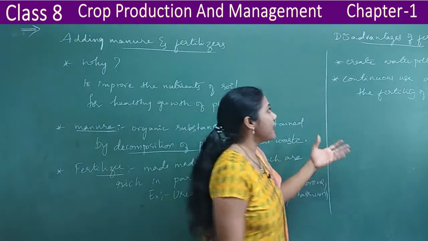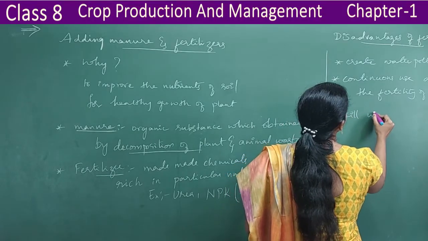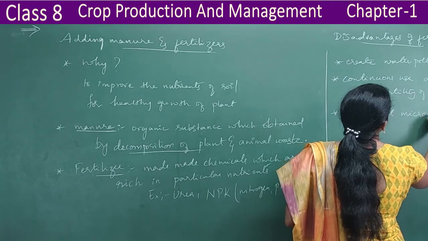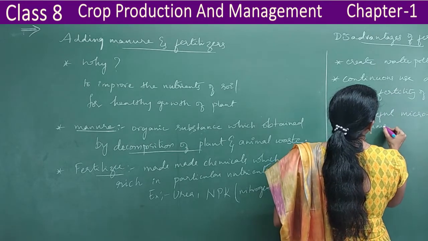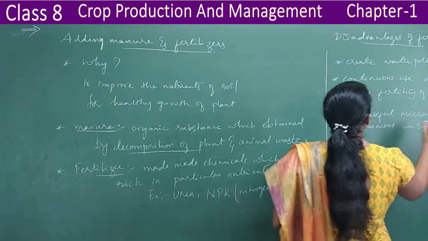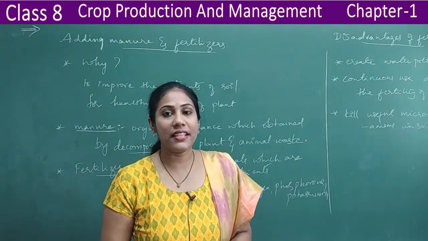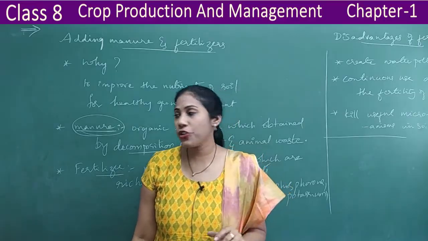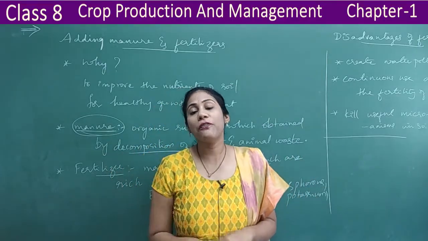To some extent these fertilizers would kill useful microorganisms which are present in soil, right? So these are some disadvantages of using fertilizers. Clear? Since fertilizers are very dangerous to use, we can use manure, which is safer than fertilizer.